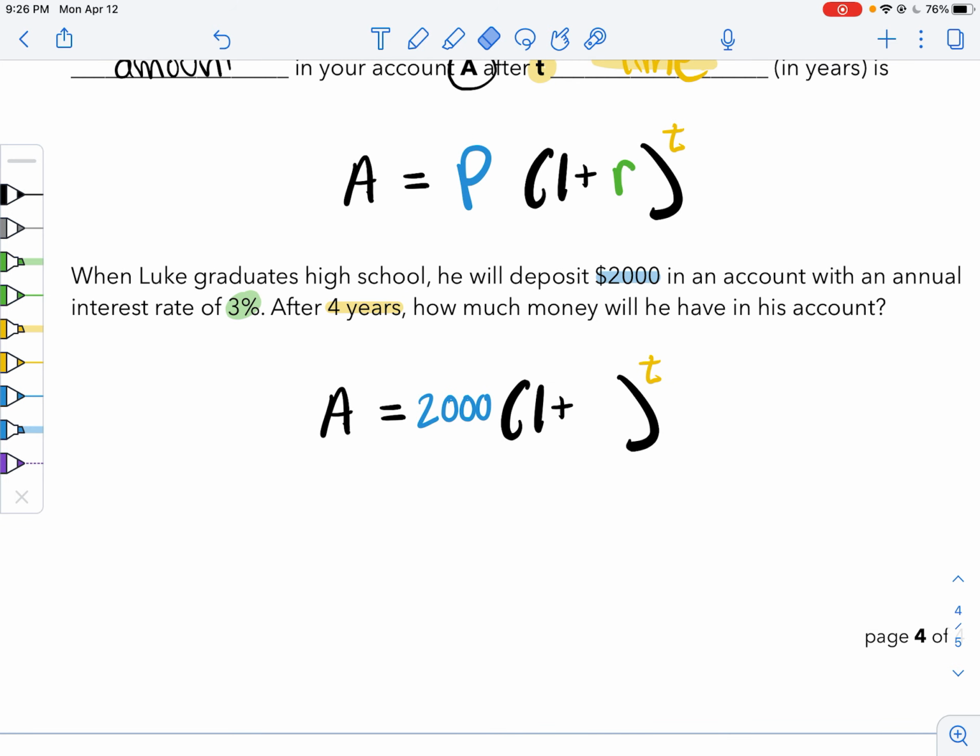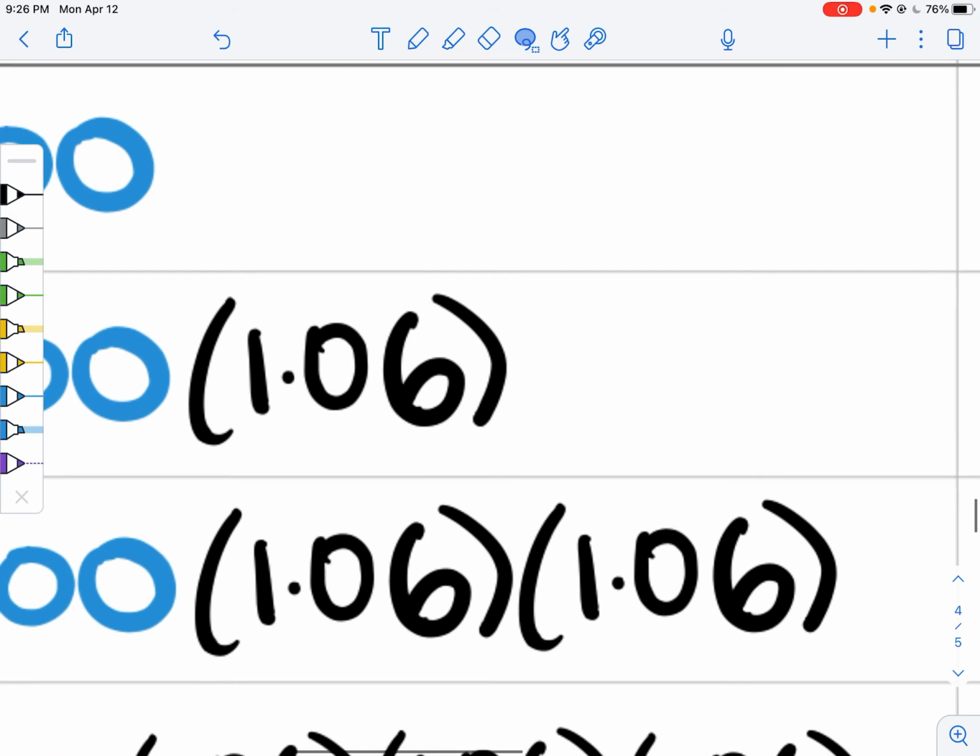Interest rate of 3%. It's not 1 plus 3. Holy cow, that would be way fast. No, it's 1 plus 3% as a decimal. 0.03. Now I wrote 0.03 because then we can just do 1 plus 0.03 is 1.03. Oh, cool. It's like up here when we had 1.06.